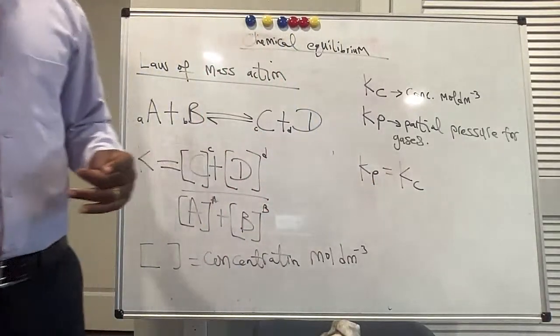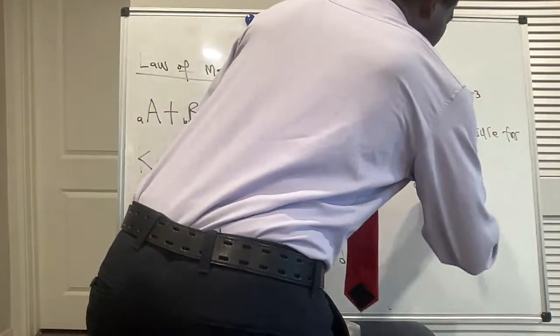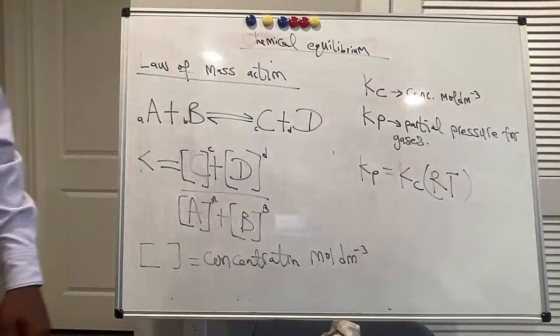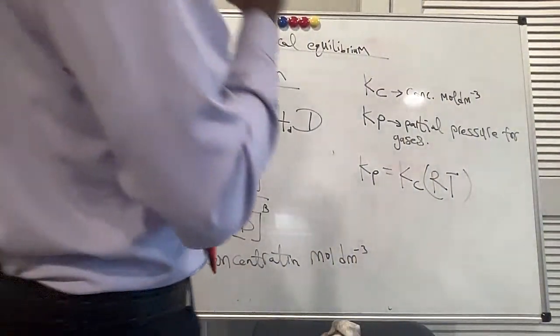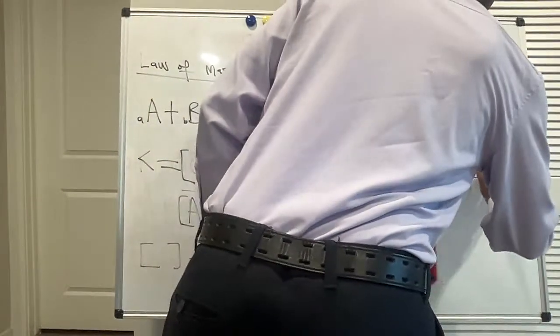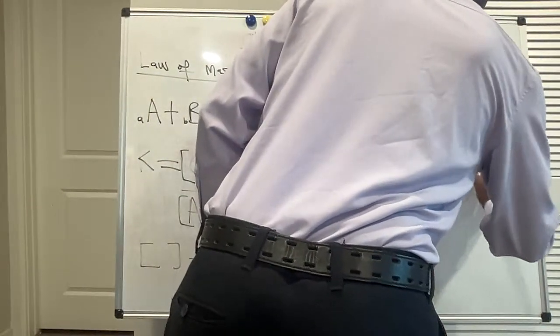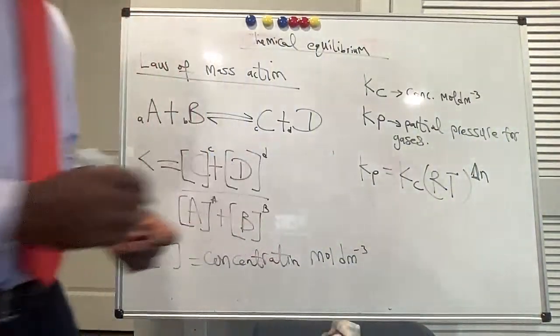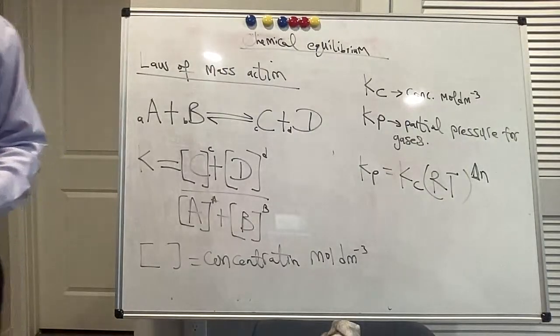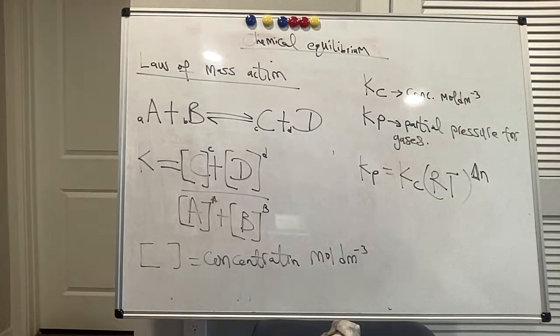Those are the expressions. So those are the two types of equilibrium constant.